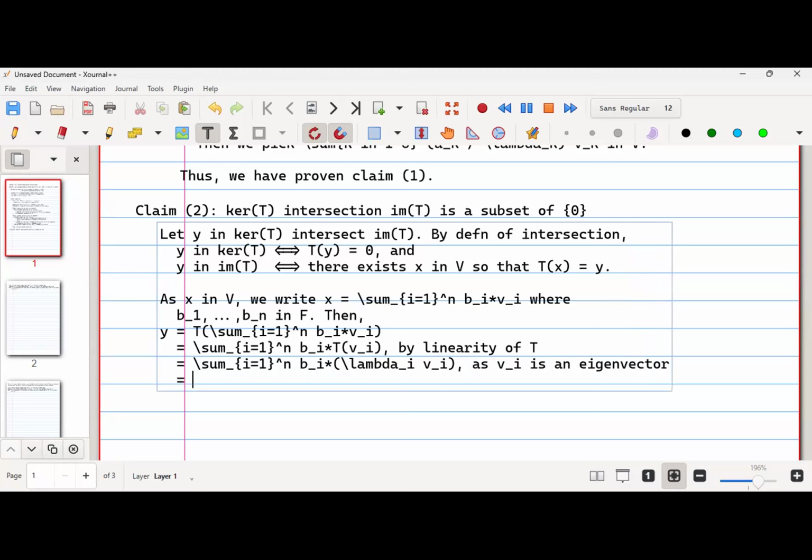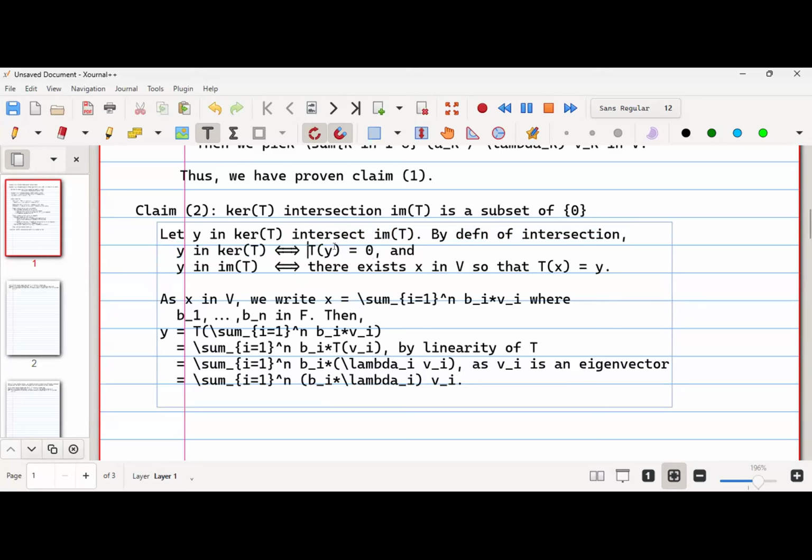And then we can use associativity just to rewrite this entire thing like this. Okay, so now that we have a way to represent y, we also have to work with this information, right?